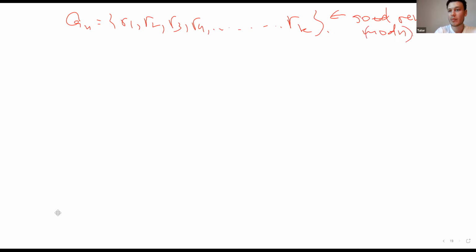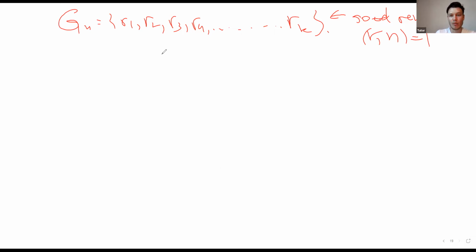What does this mean? It means that if I take any Ri and n, gcd(Ri, n) is equal to 1. So these are the good remainders, and this is my set Gn that contains the good remainders.